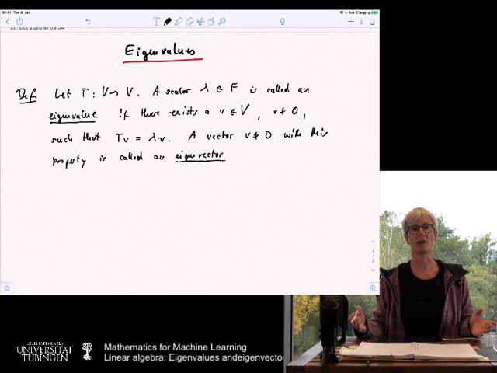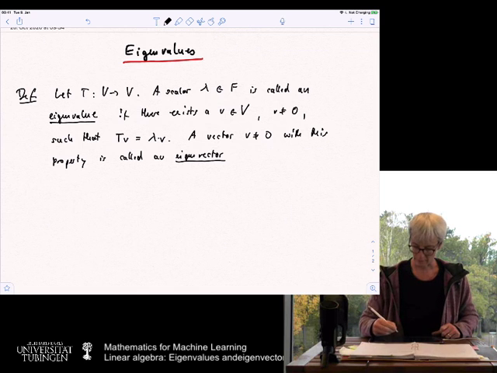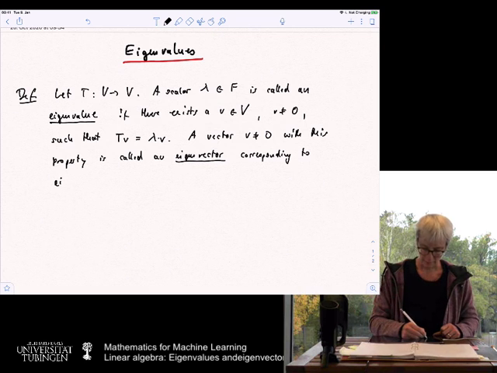This is a bit cumbersome. Typically we just call it the eigenvector if we know which eigenvalue we're currently talking about.